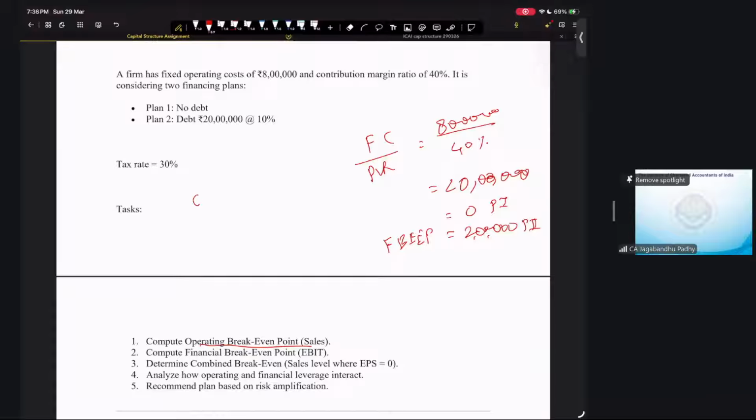So in that situation, the fixed cost is going to be 8 lakh plus also the interest of 2 lakh, and then that divided by the PV ratio of 40%. So 8 lakh plus 2 lakh, which is 10 lakh, divided by 40%, which is 25 lakhs. That's the combined break-even.